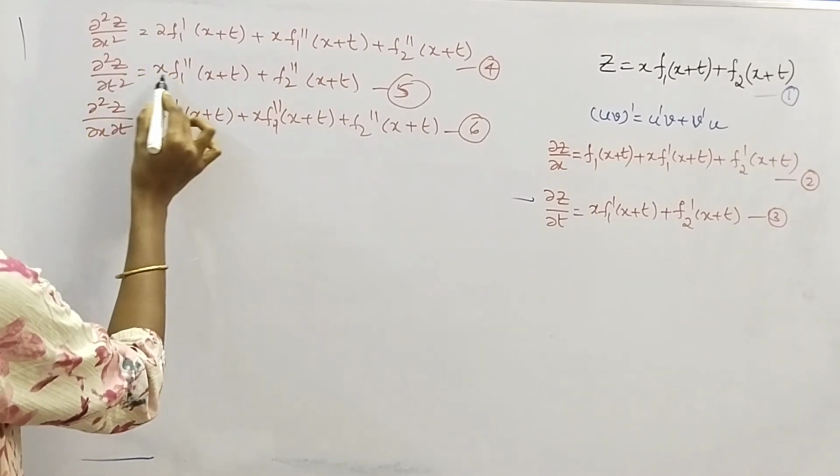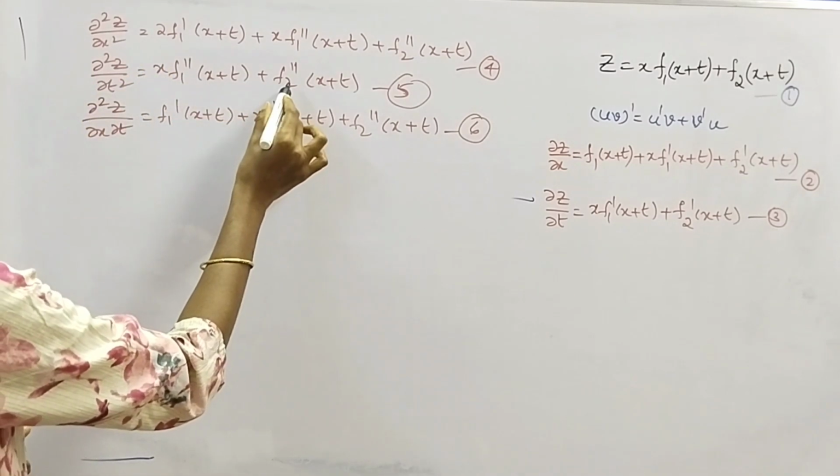We have ∂²z/∂t² = x f1''(x+t) + f2''(x+t), right?